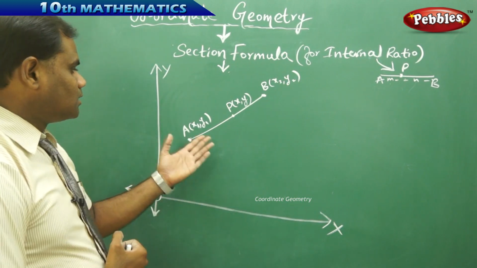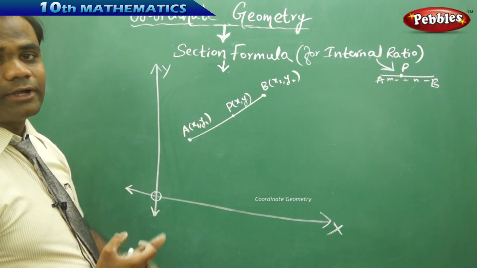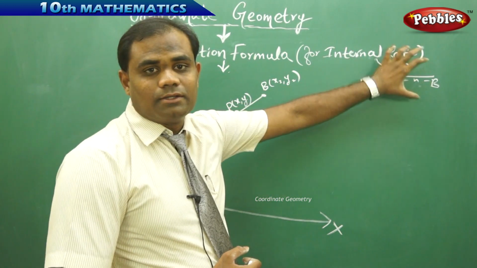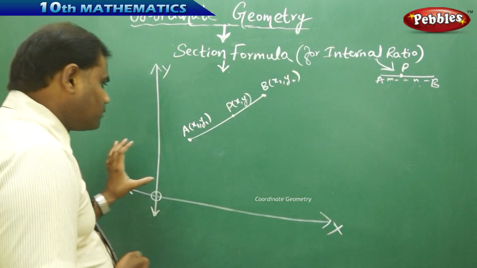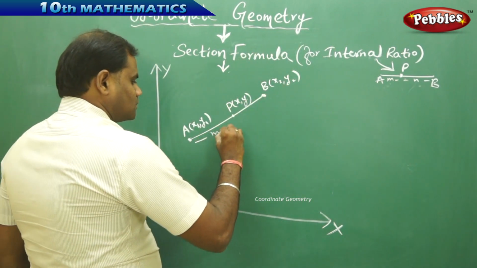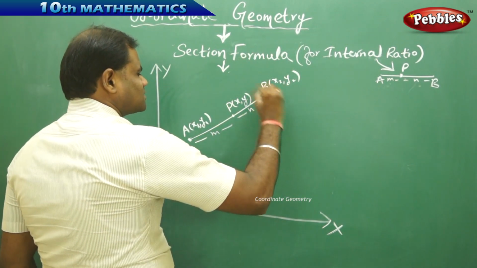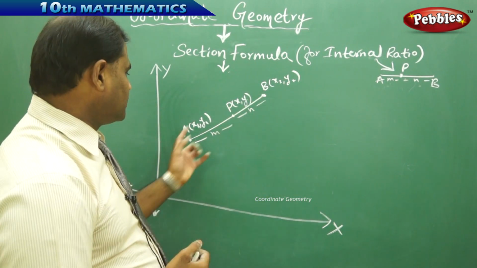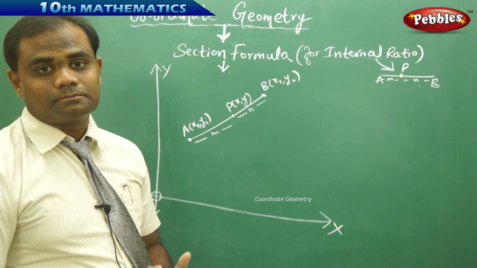So here I identify that P is the point which divides AB internally in the ratio m is to n. This is how I get the picture on the real xy plane. So this is m and this is n in which it is dividing. So let P divide AB in the ratio m is to n.